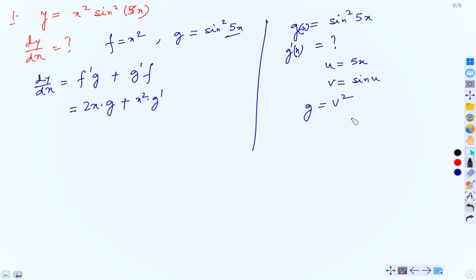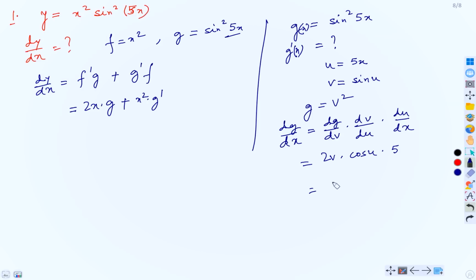So we will apply the chain rule: dg/dx. g has a direct connection with v, therefore dg/dv, and then v is dependent upon u, so dv/du, and then u depends on x, du/dx, from the chain rule. Now what is dg/dv? 2v. What is dv/du? Cosine u. What is du/dx? 5. Any doubt? dg/dv is 2v, dv/du is cosine u, du/dx is 5.